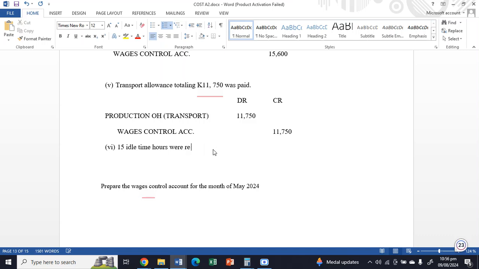So idle time will say 15 hours for sales and marketing, and I'll say 10 hours for logistics and procurement.